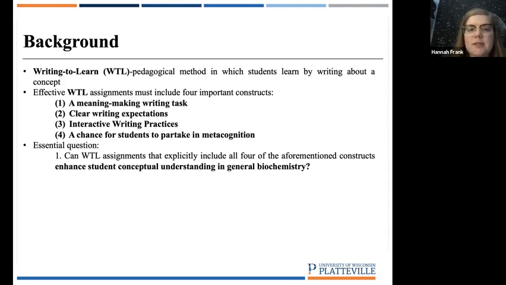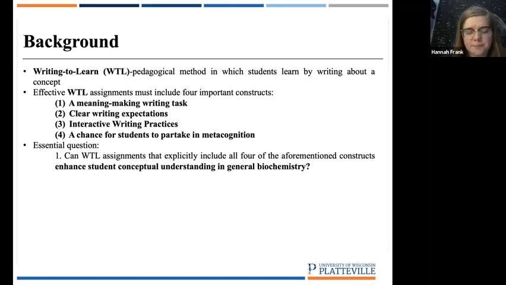The third construct is an interactive writing practice, and this is accomplished through the use of the peer review process. And then the fourth and final construct is a chance for students to partake in metacognition. And so this again is part of the peer review process, in addition to a drafting process where students write a first draft, and they're able to metacognate as they go through and produce their second draft.